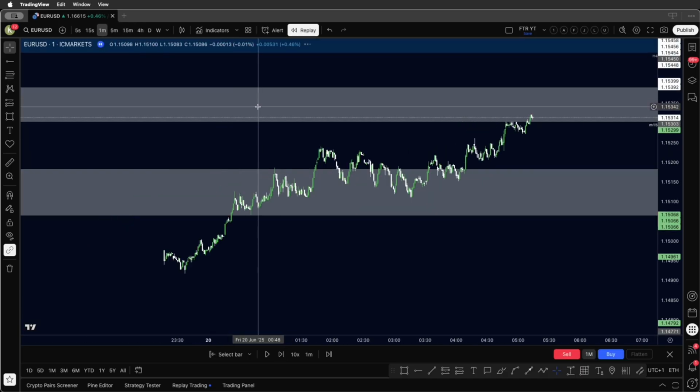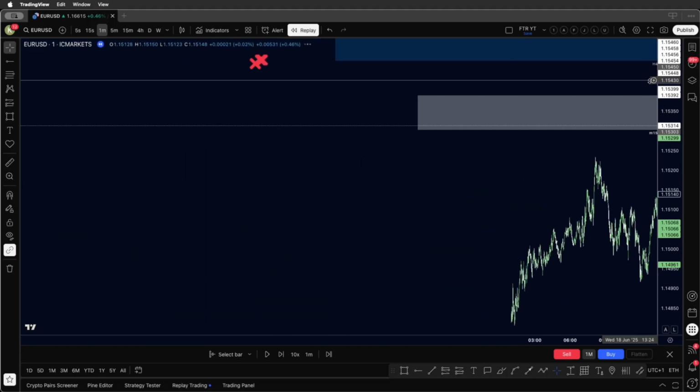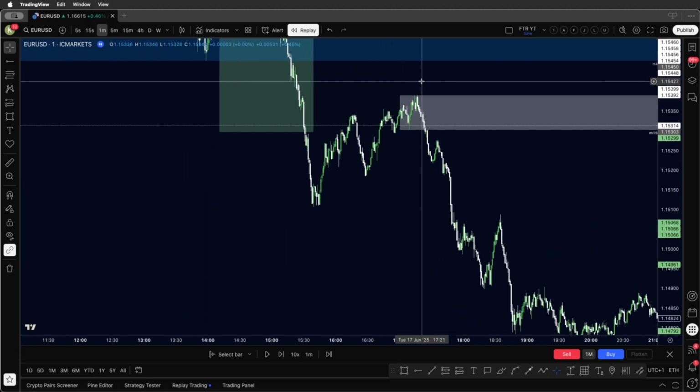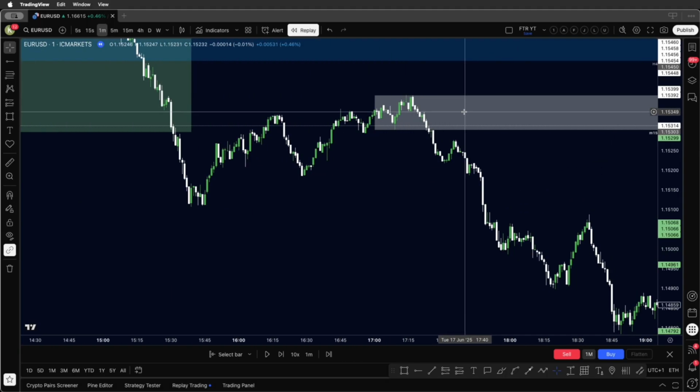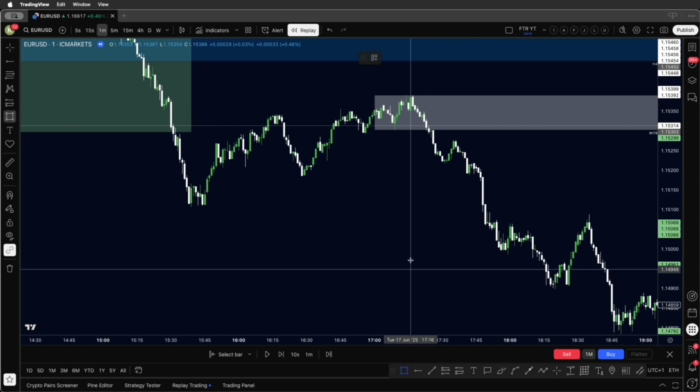Let's see if there's an M1 in here. Should have done that before, to be fair. It's being rebalanced. There isn't an M1 apart from here.